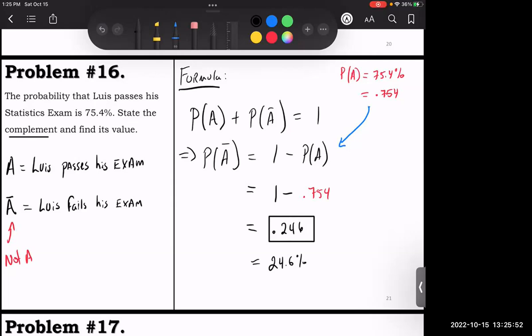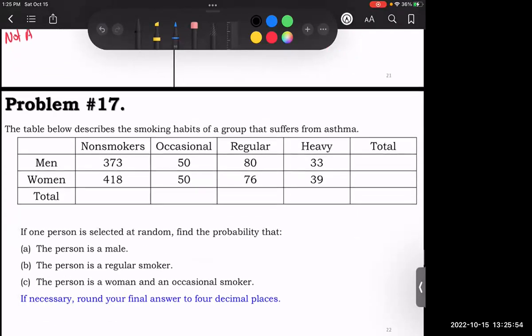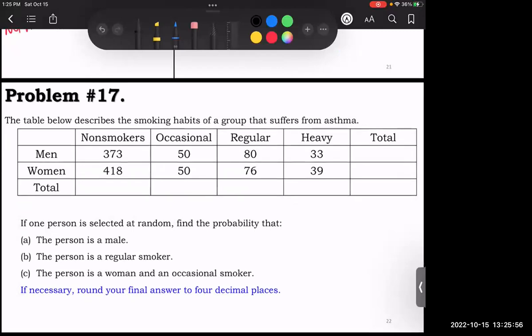You're welcome. So problem 17 now is a two-way table. Sometimes the entire complete two-way table is given to you. Sometimes it's not, and you have to fill certain things in, namely your totals. The reason why we call it a two-way table is because essentially the data values can be separated as two different variables. Like, for example, the table describes the smoking habits of a group that suffers from asthma.